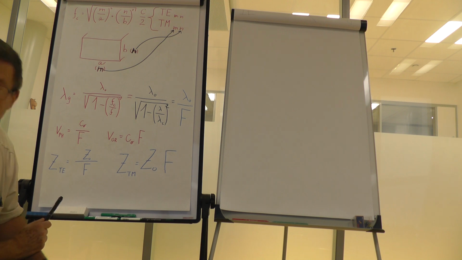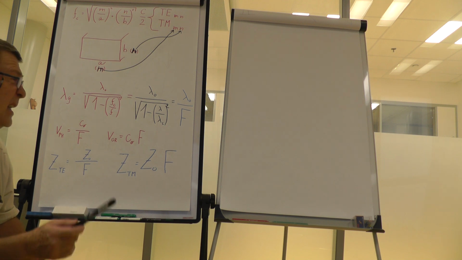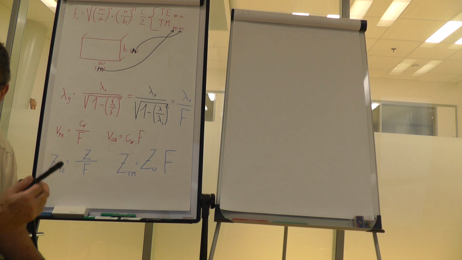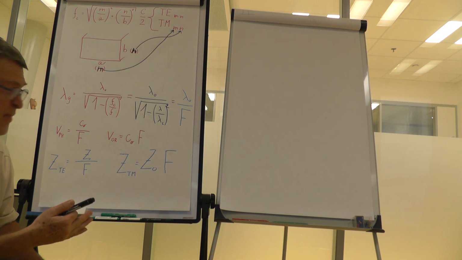So it's smaller than the velocity of light in open space. The information propagates slower. Yet it might be several times slower, it's still quite fast. Remember that the velocity of light in free space is 300,000 kilometers per second.